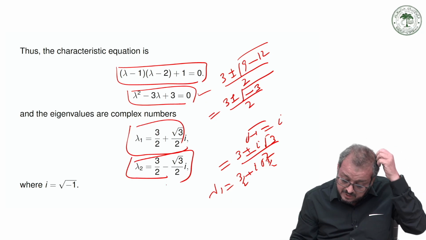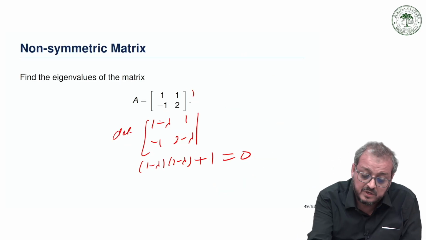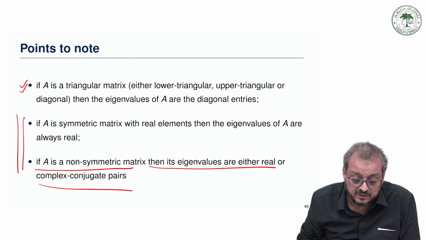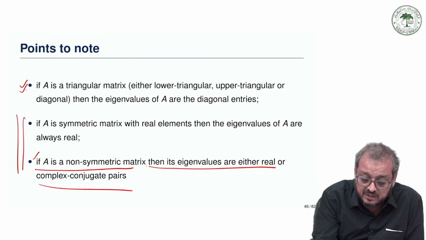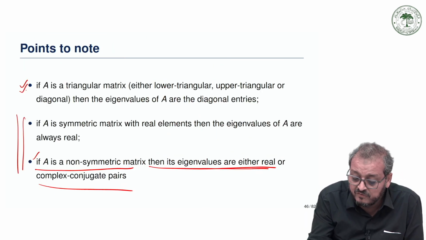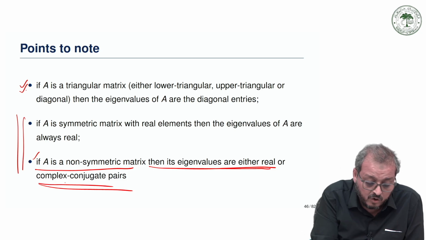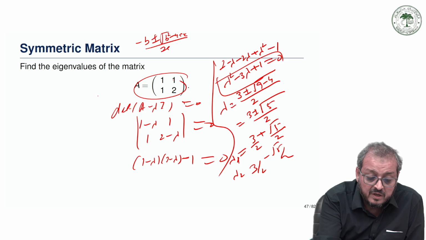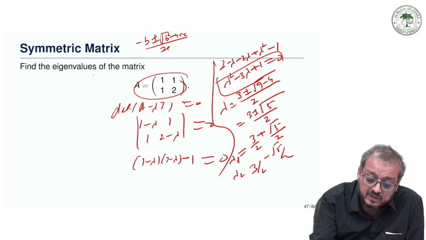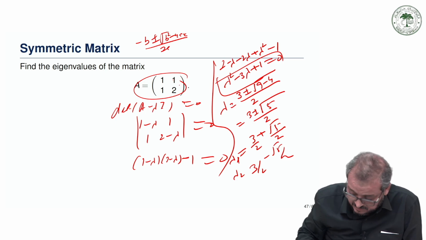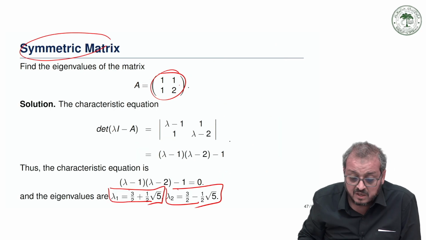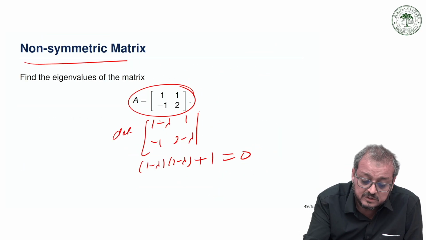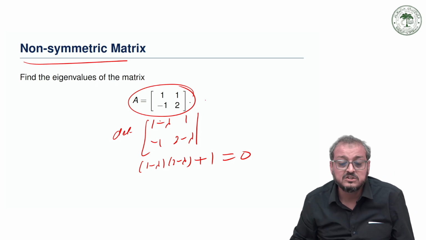According to this, if A is a non-symmetric matrix, then its eigenvalues are either real or complex conjugate pairs. The earlier matrix was symmetric; in this case I just changed one entry, to 1 minus 1, so this is clearly a non-symmetric matrix.